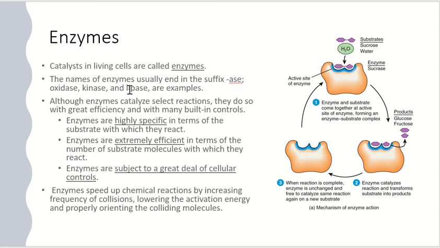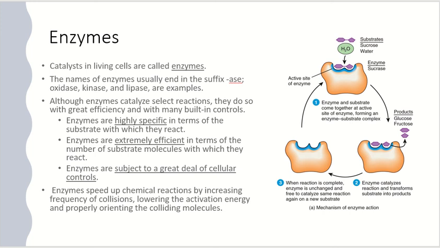A lipase is going to cleave lipids. An oxidase is going to cleave off oxygen molecules off of some sort of molecule, and a kinase is going to cleave off some sort of protein part. Anyhow, all of these things are acting as enzymes.